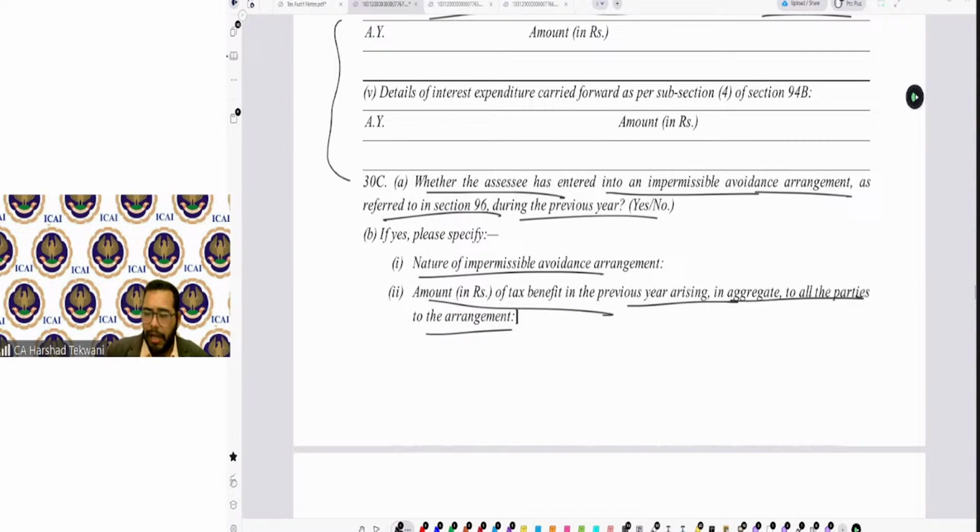So, Pankaj, you can refer to the lecture where section 69D was discussed in detail with respect to the Hundi transaction.